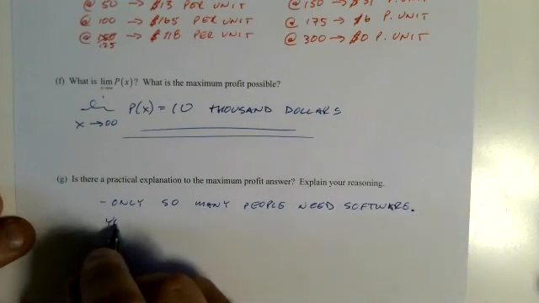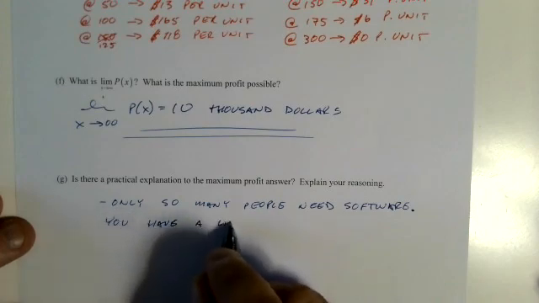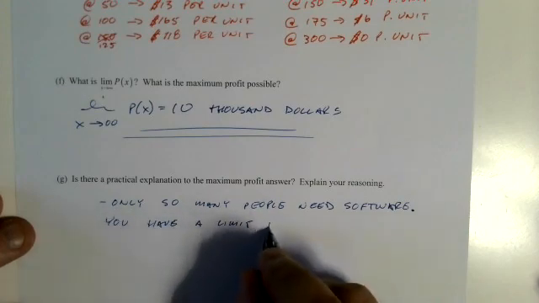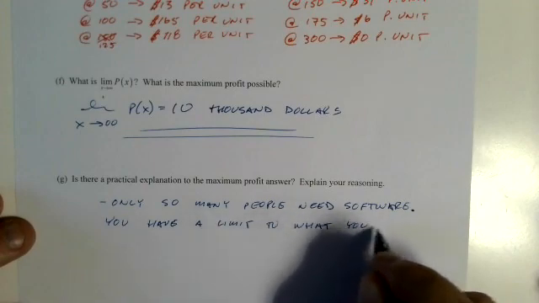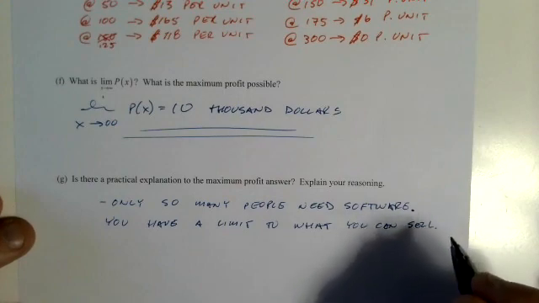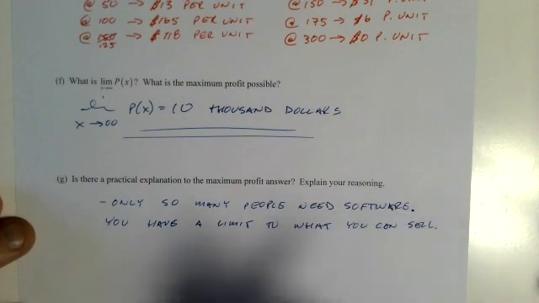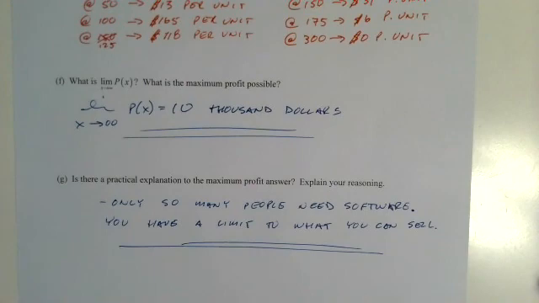You have a limit to what you can sell. So at that point, to sell more, you might have to lower your price too much, and you don't want to do that. Wow, that was a big one. Good luck and happy mathing.